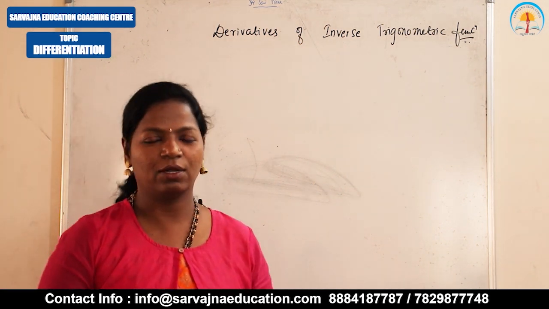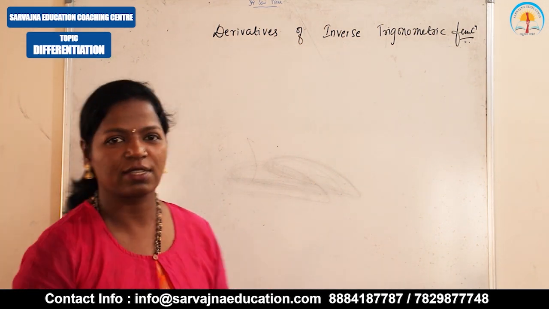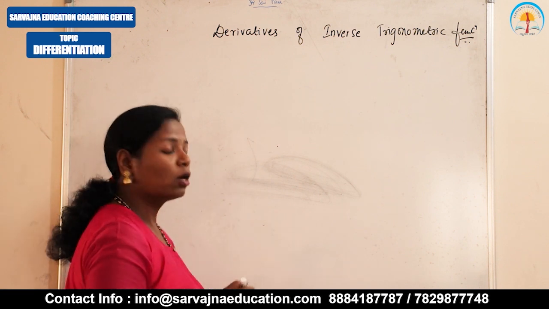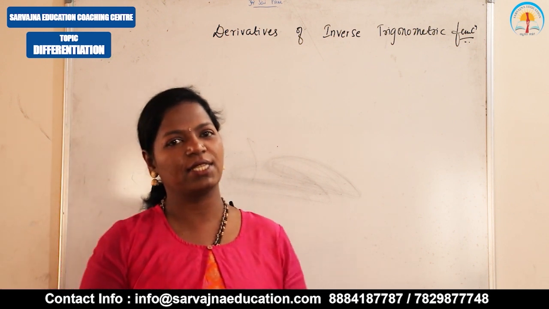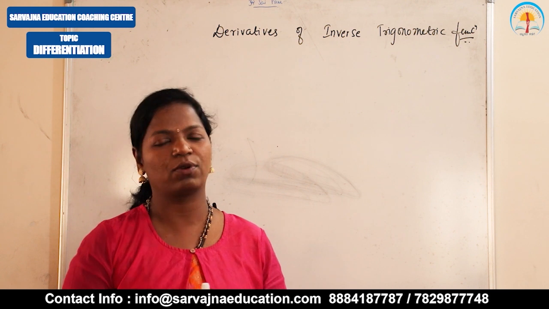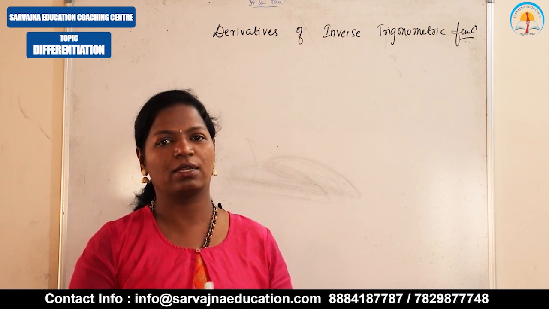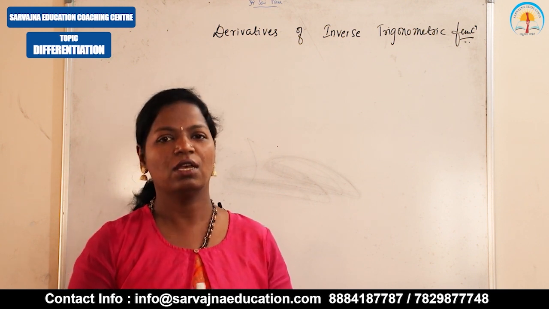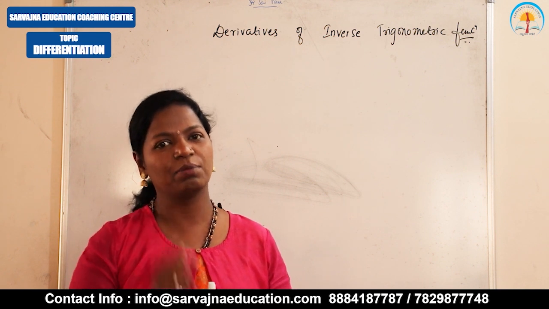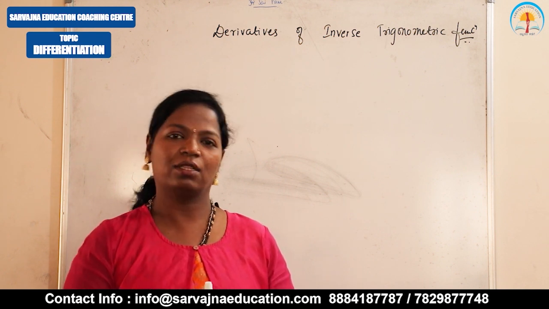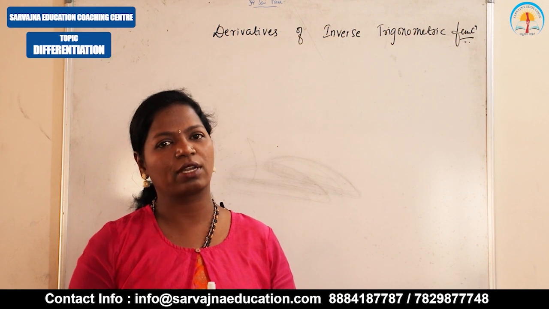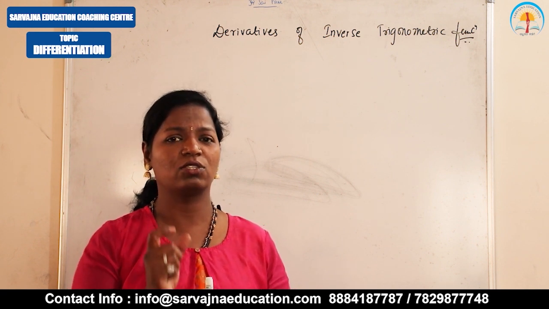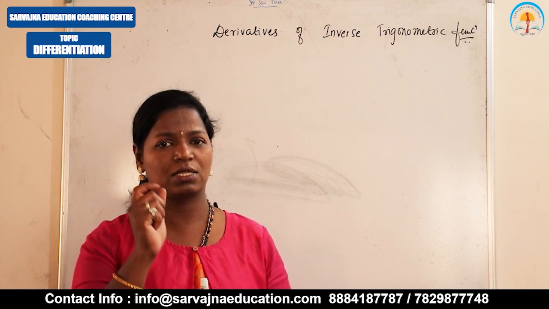Fifth one, y is equal to cosecant inverse x. Here cosecant inverse x and secant inverse x both have the same formula. Exactly as you saw in sin inverse x and cos inverse x, same formulas, only the sign changes. The same way, tan inverse x and cot inverse x have the same formula, only the difference is the sign.